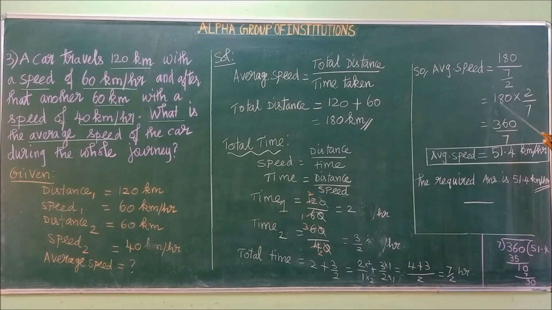Right? Now here 180 into, now you cannot strike out here straightly 180 and 7. So what we are going to do? If we can strike out 180 and 7, you can go with it. But here we cannot strike out 7 and 180 here. So straightly I am multiplying 180 into 2 here and then dividing it with 7. So 360 by 7.